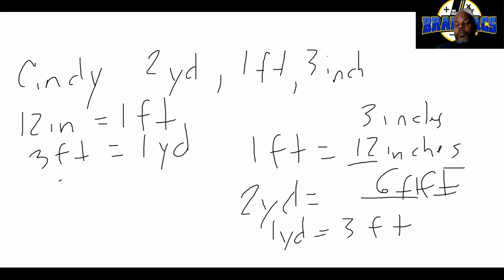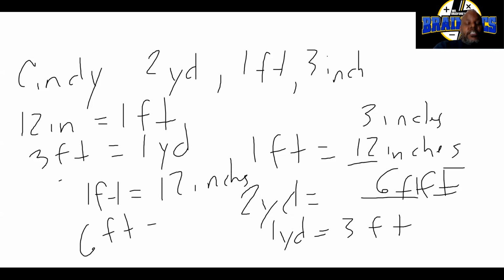But that doesn't help us because we need to know how many inches. So if 1 foot is equal to 12 inches, then 6 feet is equal to 12 times 6, which is equal to 72 inches.